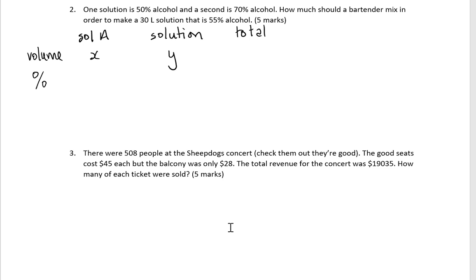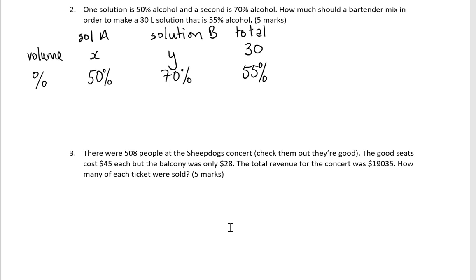So we'll call solution A X, solution B we'll call Y, and the total will be 30. The percent of solution A, let's call solution A the first one, is 50%. And second solution, solution B, we'll call 70%. We want the final total to be 55% alcohol.